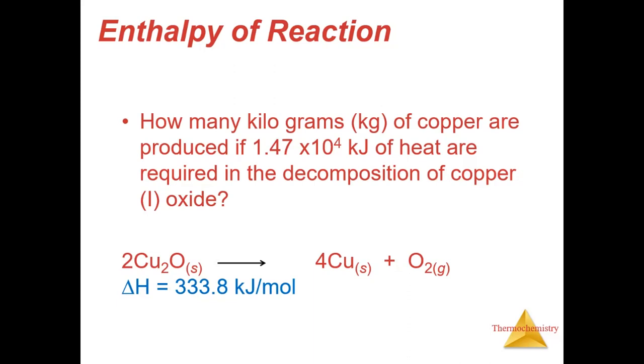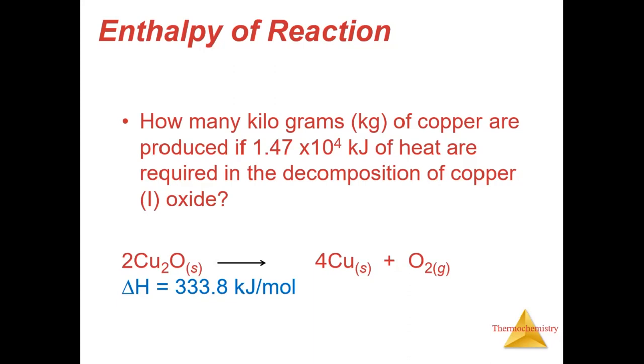Look at the stoichiometry. No, you need... how many moles of copper? 4 to be produced. So what I'm going to do is take my 1.47 times 10 to the 4th kilojoules, and as you said, eventually, you're going to divide that by 333.8 kilojoules per mole.